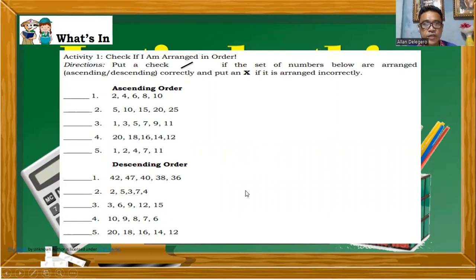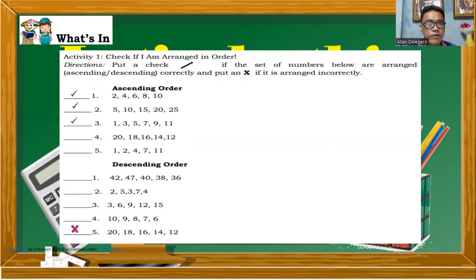Okay, let's check your answers. For number 1, check, ascending order. For number 2, okay, check. Number 3, check.